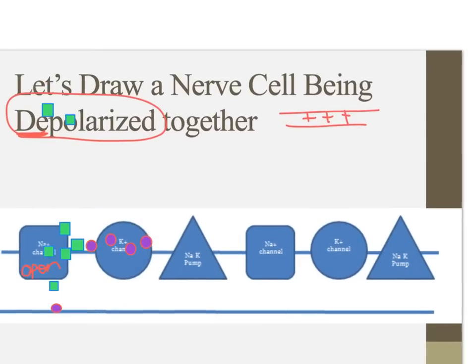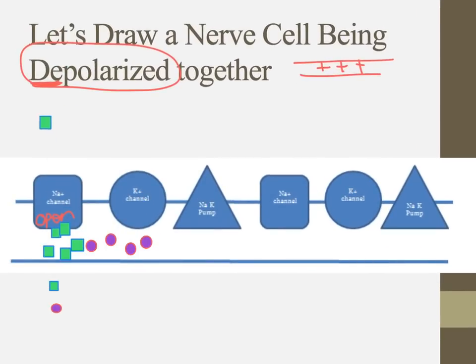Once this sodium comes into the cell, that sudden change to a positive charge on the inside of the cell is going to cause this potassium ion channel to open. Once the potassium ion channel opens, we're going to move these potassiums from an area of high potassium concentration to low potassium concentration.